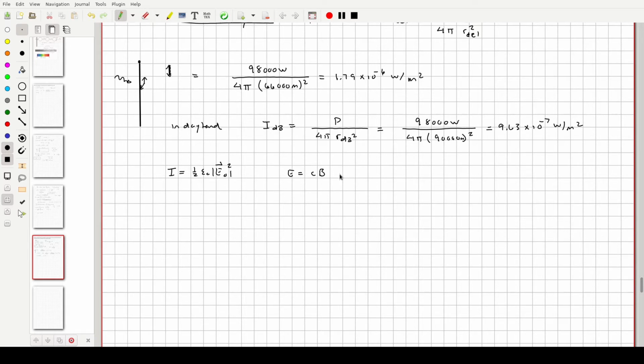So we have I in Daytona Beach, and really all we're doing is looking for E naught. E naught in magnitude would equal the square root of 2 times I divided by epsilon naught.